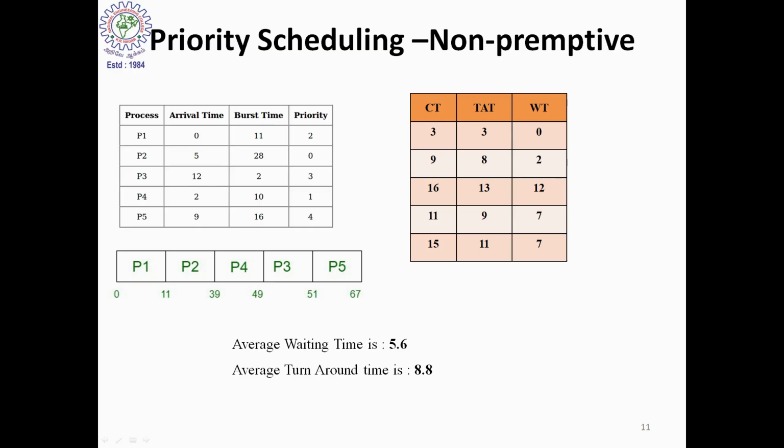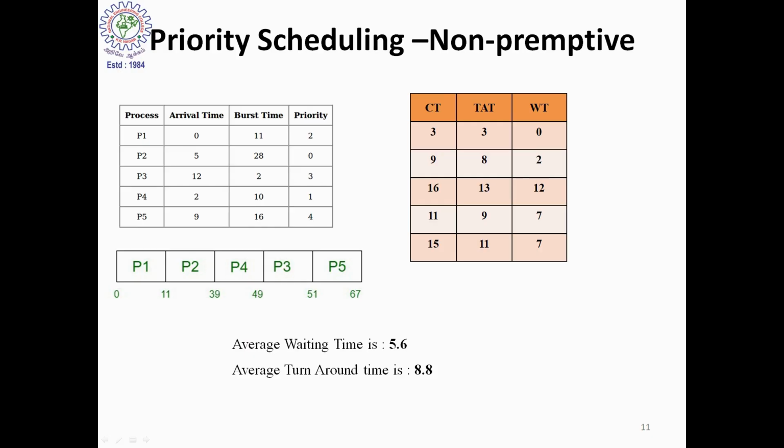So here P2 has the highest priority first, then comes P4, then P1, then P3, and then P5. This is what I mentioned previously. Sometimes they may say that the higher the number, the higher the priority. At that time, the problem entirely changes. So depending upon the situation, we have to act.